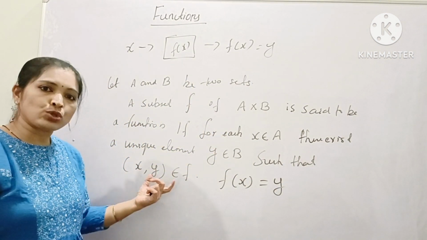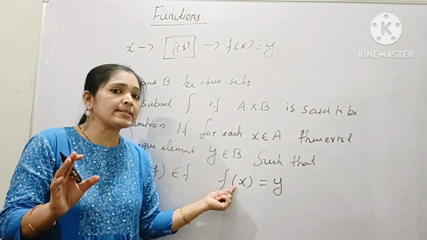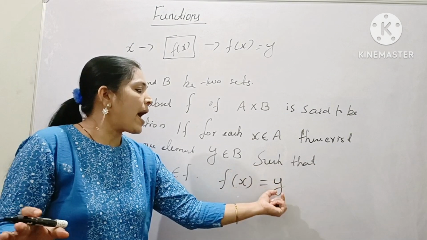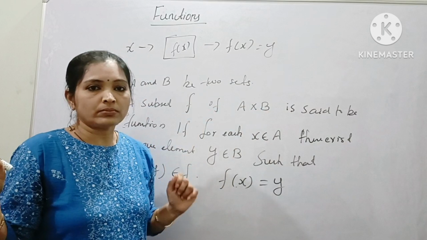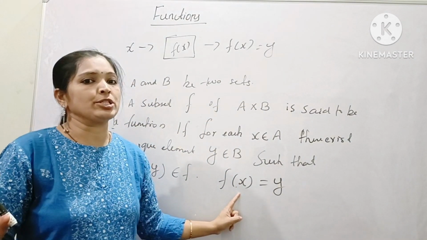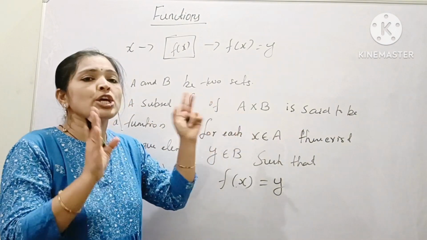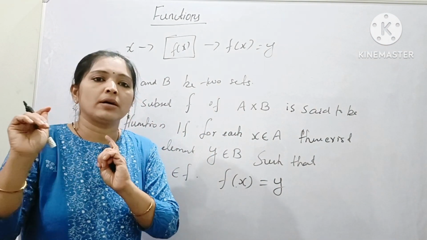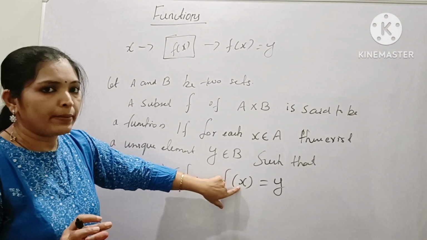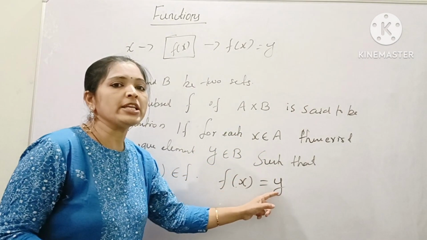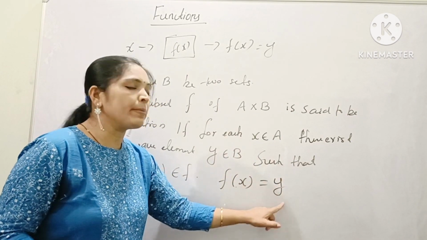The set of all elements of A is called the domain, and the set of all elements of B is called the codomain. The x's are all the elements of A, because every element of A should have one output, that is, an image. Here y is called the image of x, and x is the pre-image of y. The y's are not necessarily all the elements of B.